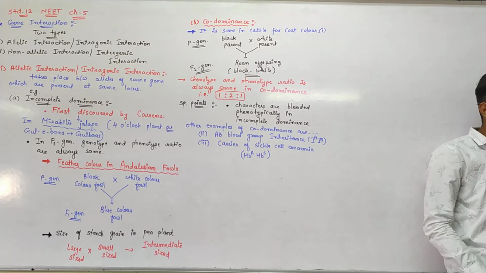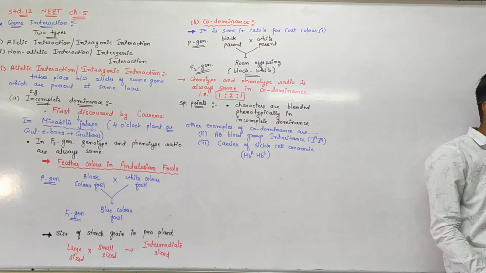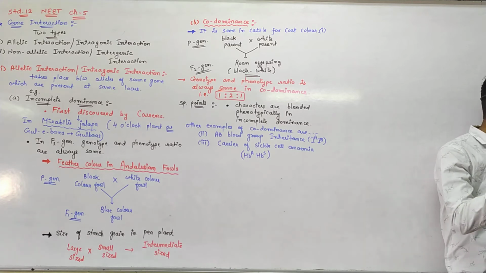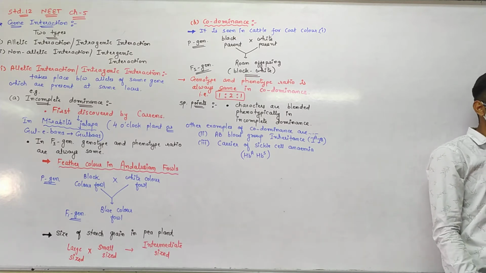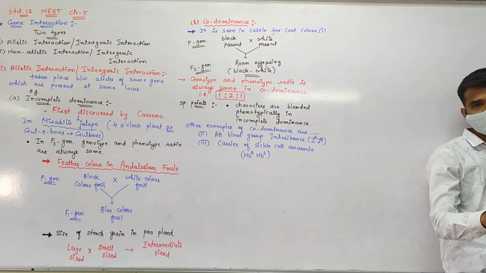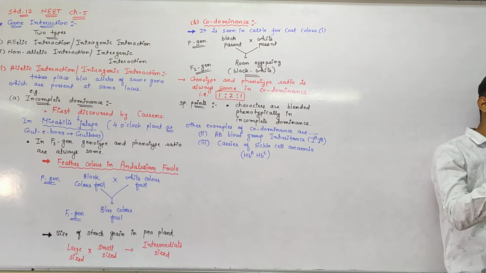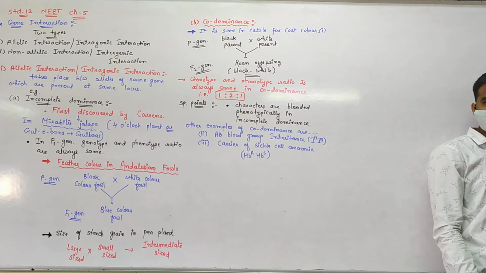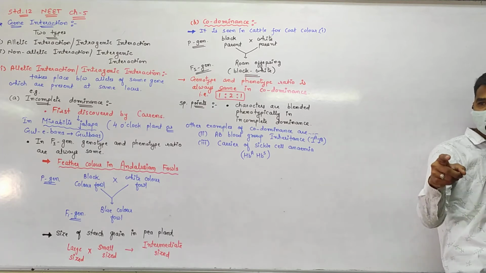And you think about aneuploidy, a change in the number of chromosomes in a particular pair. Generally, in a particular pair, two chromosomes are there. Instead of that, monosomy, trisomy, like that. Instead of two chromosomes, only one chromosome is present.